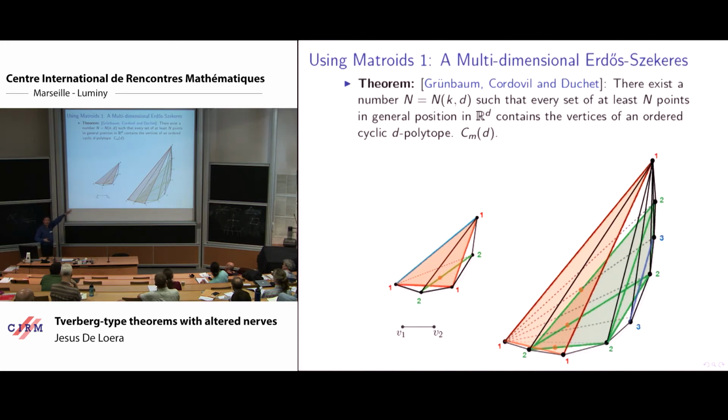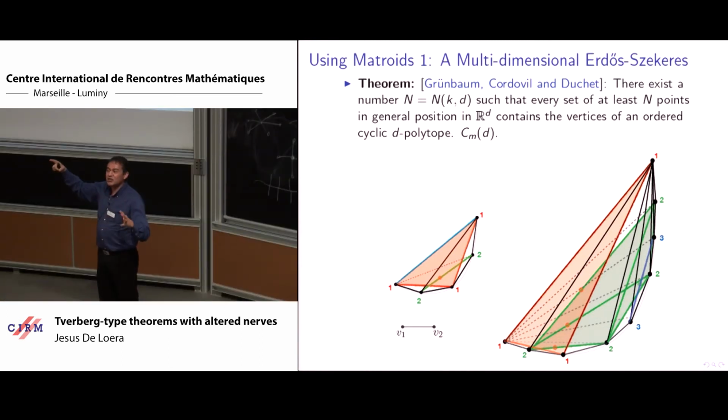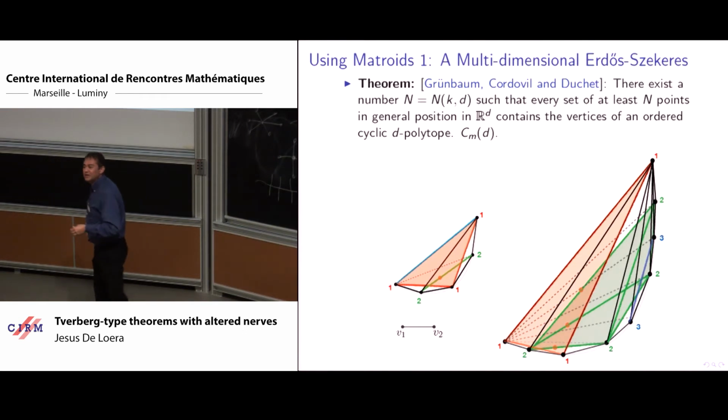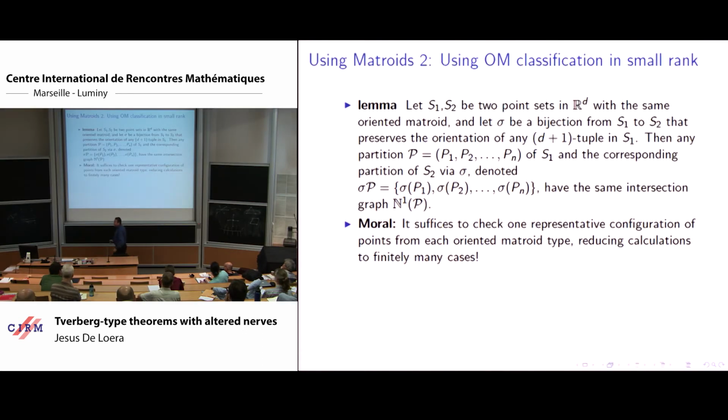You look at the chirotope, you color blue and red the bases that are positive or negative, and when you have a large chirotope, you are guaranteed to have a monochromatic subset that is complete, like a complete graph type of thing. So a Ramsey-type theorem proves the existence of a multi-dimensional Erdős-Szekeres. Are you with me?